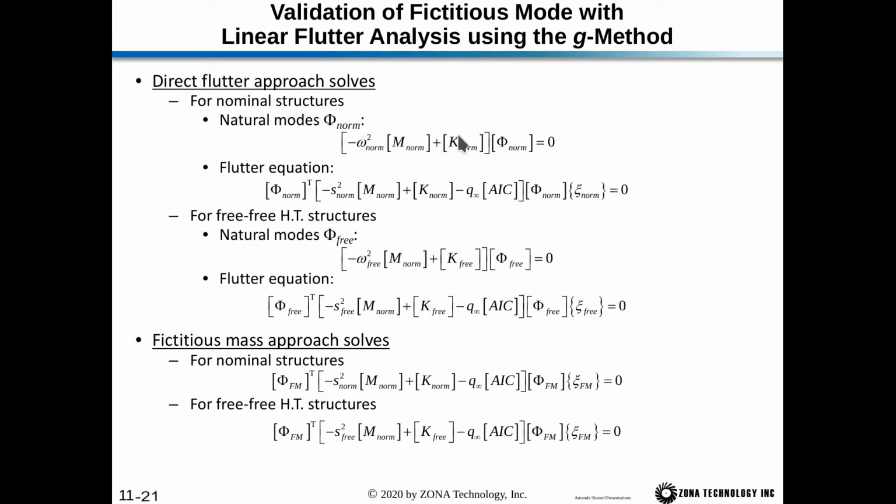For the nominal structure, we use the nominal stiffness matrix. The fictitious mass approach is more similar between the two. We use the fictitious mass mode shapes for both, but we only substitute out the stiffness matrix. Whereas in the direct method, we use the modes associated with the free and the nominal structure.